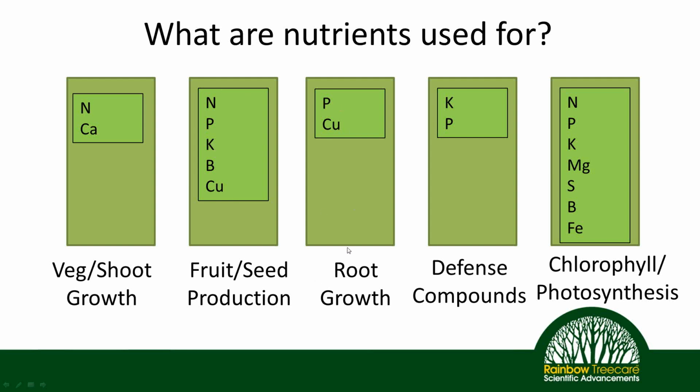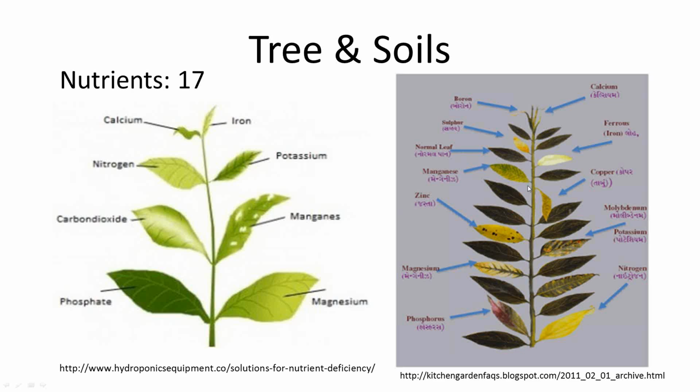We have P and Cu, which have to do with root growth, K and P for defense compounds. And then if you look at chlorophyll and photosynthesis, all of the different nutrients that go into those processes, you can see that if you have just one that is not getting into the plant in adequate amounts, then you're going to have a plant that's not looking healthy and not going to be able to go through its basic metabolic processes to thrive and be a vital plant.